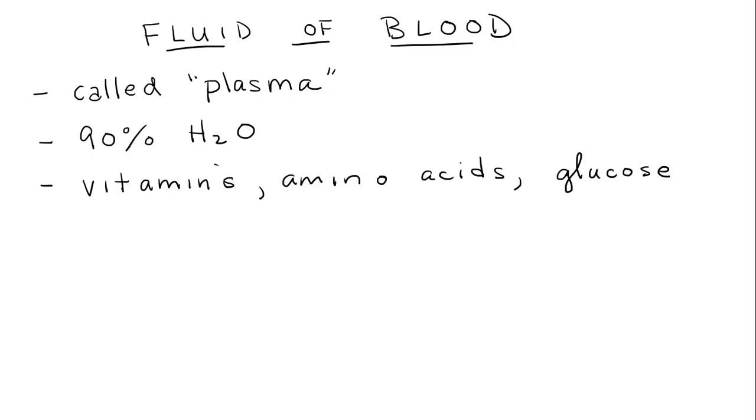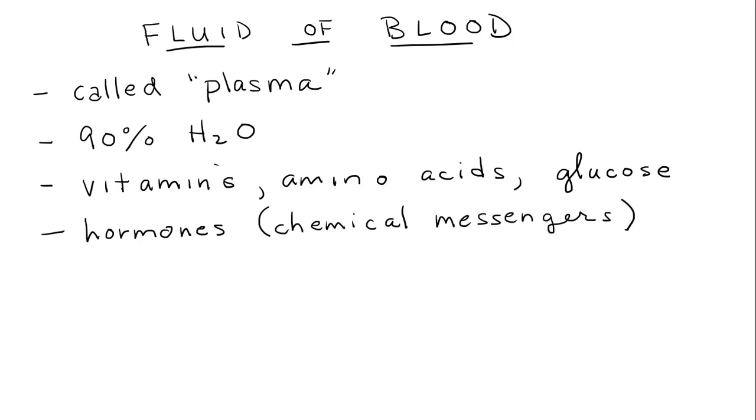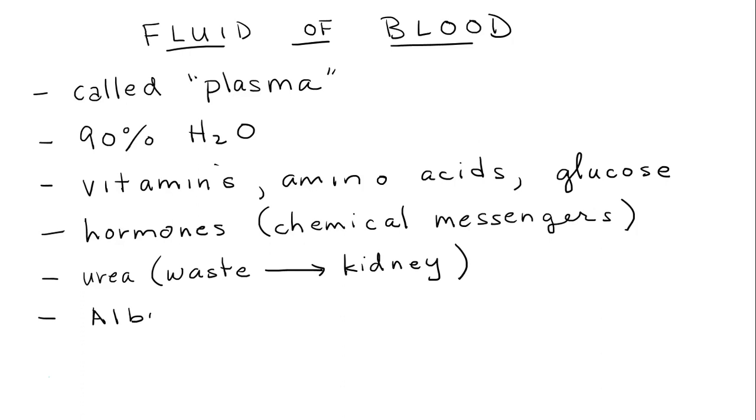And blood also contains hormones, which are chemical messengers that are passed from one organ to another to maintain homeostasis. As well, cells give off waste products, which are converted to urea, that are then carried by the blood to the kidney, and then the kidney is going to excrete waste as urine.